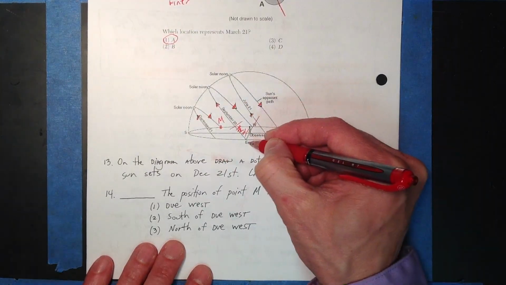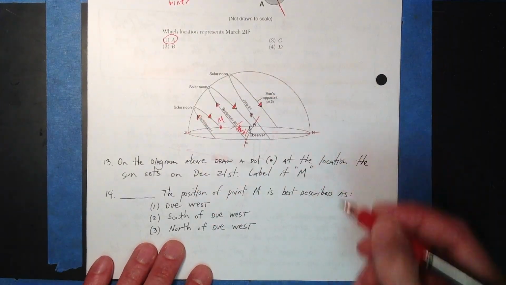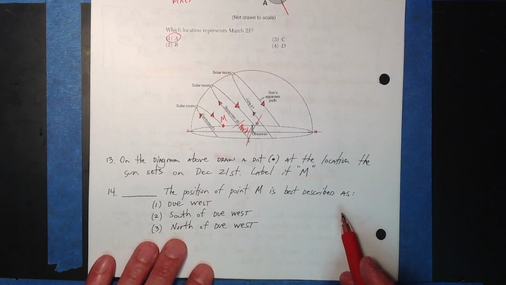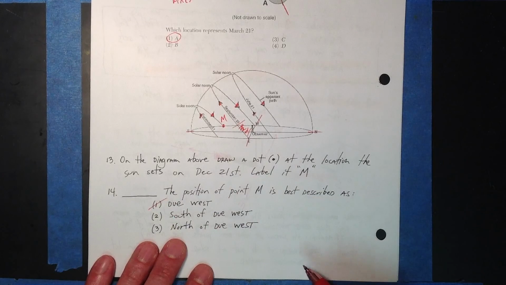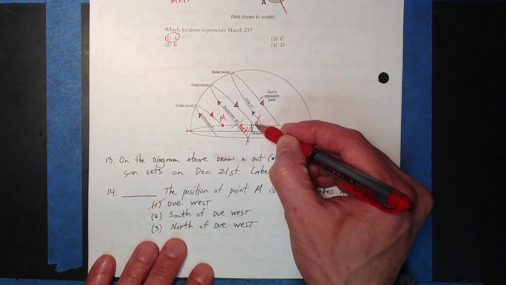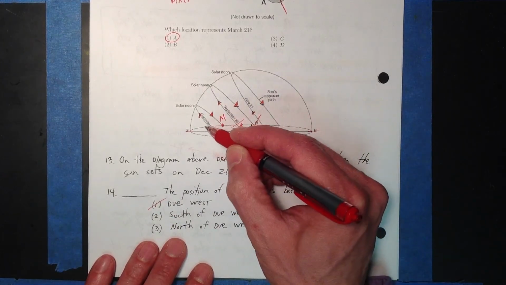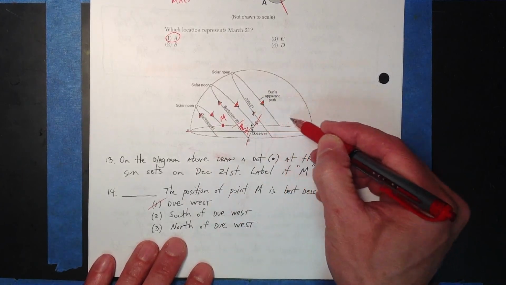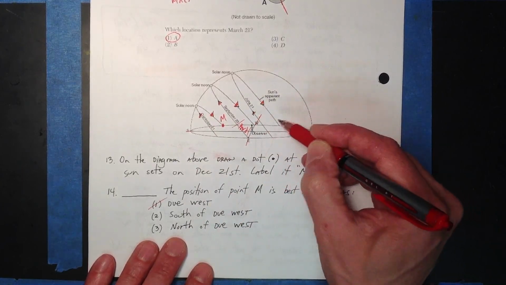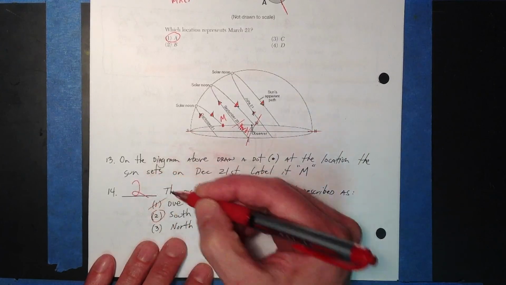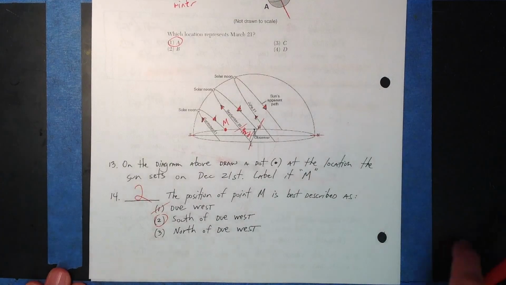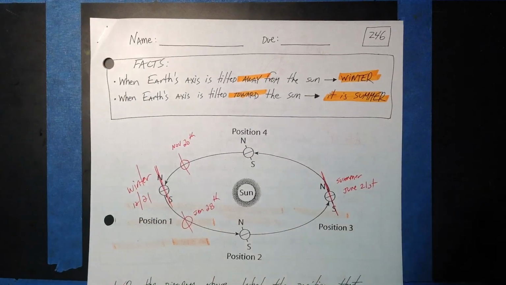Now, this is due west, that's due east, due south, due north. So, 14, the position of point M is best described as due west? No, not due west, south of due west. Here's due west. It is towards the south of it. That sounds right. Or north of due west? That is due west towards the north. That's up here. That's not true. So the best answer is south of due west. Okay, so hopefully that works for you.